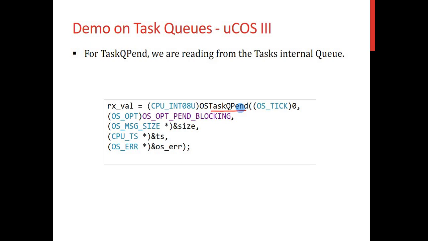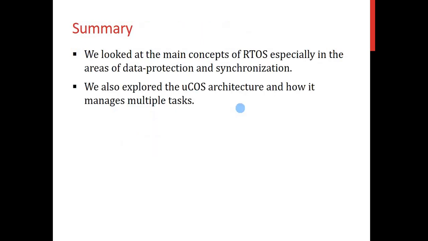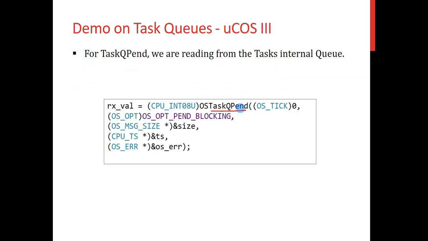I can use the built-in task queue to fulfill the objective. Of course, the actual demo that we will go through in class will give you a better understanding, but here I just give you the code snippet that gives you the main picture of how we use semaphores and message queues in our message passing.